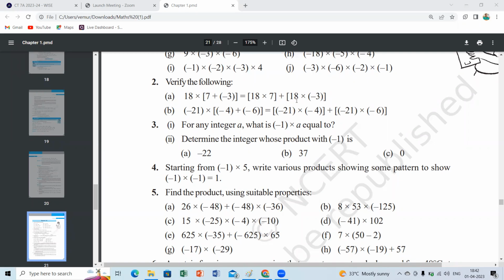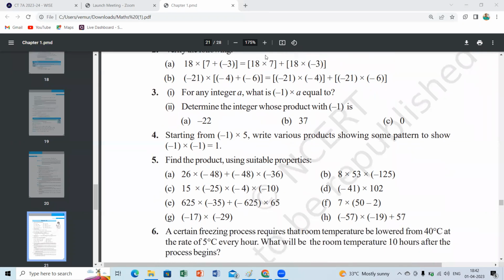Varshit got positive 210. Why is it positive, Anubhav? Negative 21 and negative 10. Okay, ma'am, I have made a mistake. Did you correct your mistake? Yes, ma'am.